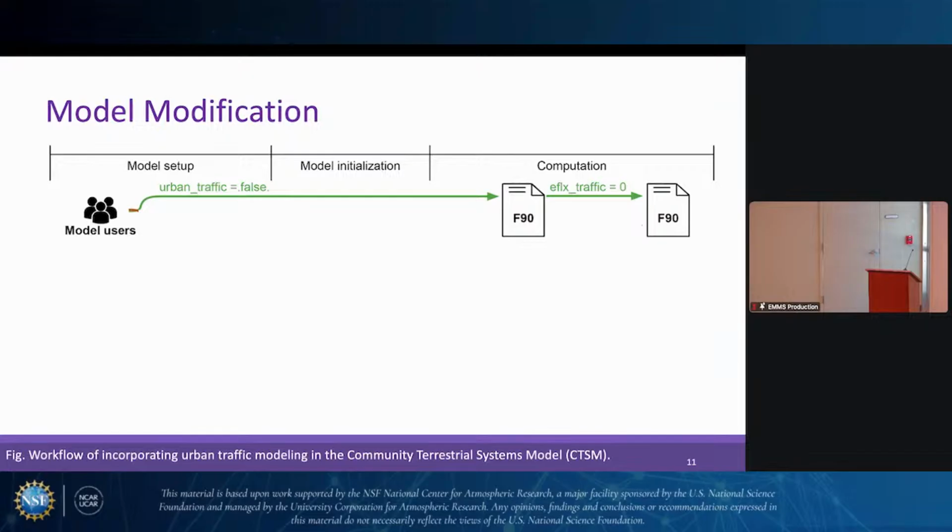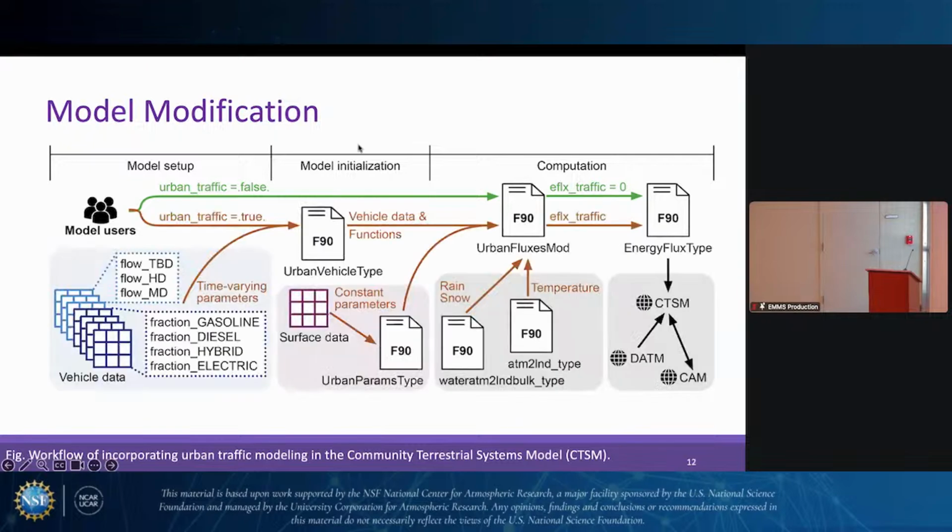The model modification is that the CTSM already has an urban traffic namelist, but it is disabled now, so the traffic heat is zero. We continue to use it and provide a new module. So the urban vehicle type, this module will read in the vehicle flow for urban land units, the top building district, high density and medium density, as well as the fraction of four vehicle types at the model initialization stage.